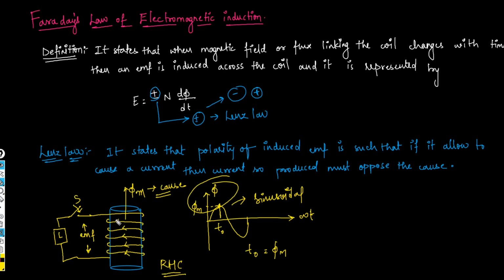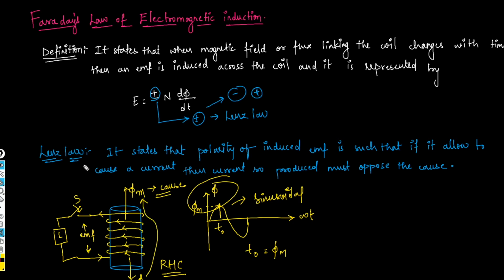If the current direction is in this way, then using the right hand curl rule, when your curl represents the direction of current flowing through the wire, your thumb represents the north pole. North pole in the sense that the flux is coming out of the pole. So the flux phi r, which is the resultant flux, is coming outward, and it is in opposition with phi m.